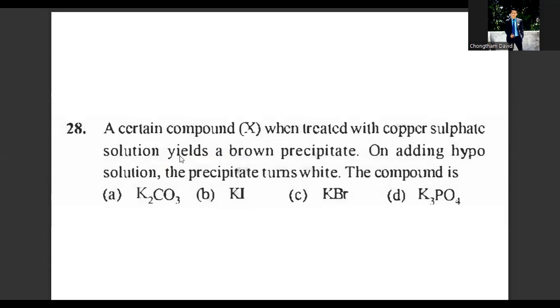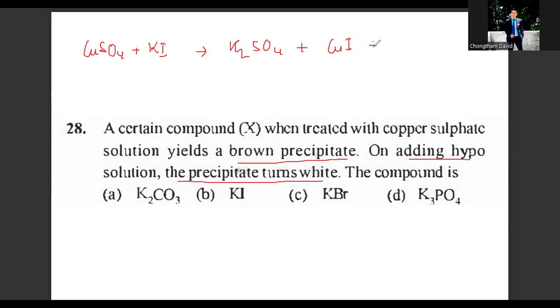Let us read question number 28. A certain compound X, when treated with copper sulfate solution, yields a brown precipitate. Mark this point. On the addition of hypo solution, the precipitate turns white. What is the compound? When potassium iodide solution is added to copper sulfate, you are going to obtain potassium sulfate and cuprous iodide.